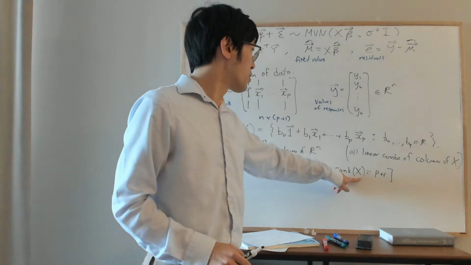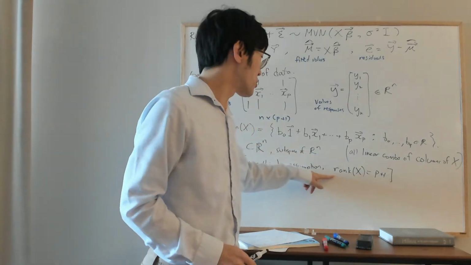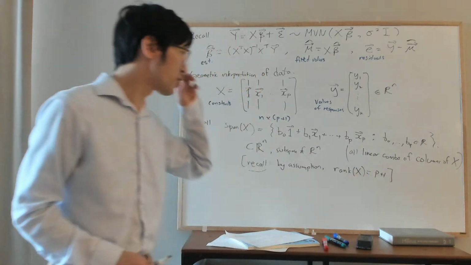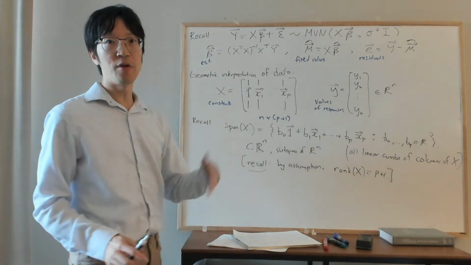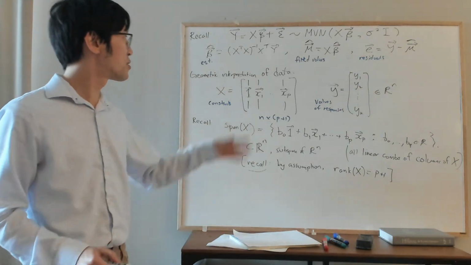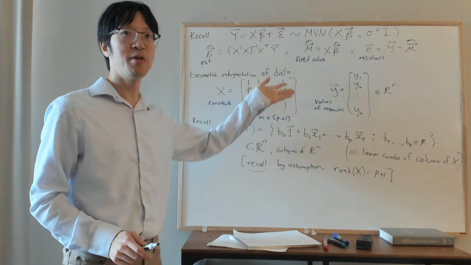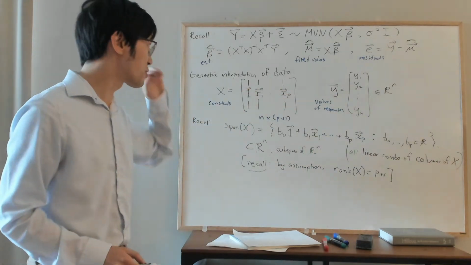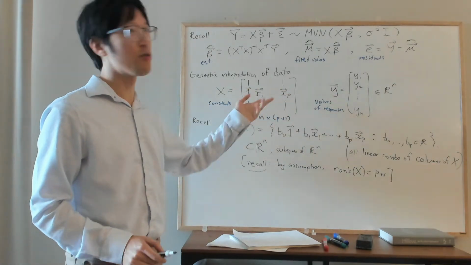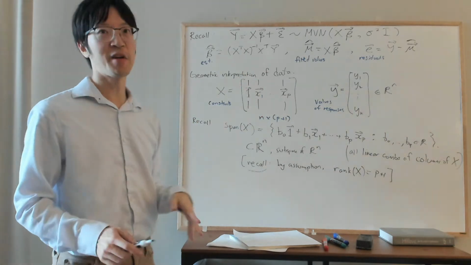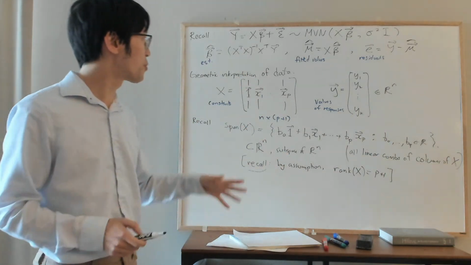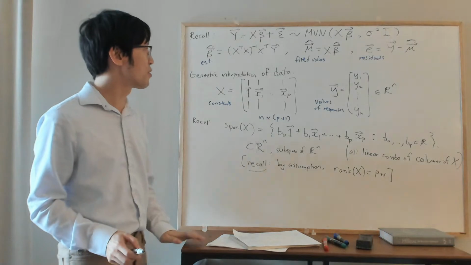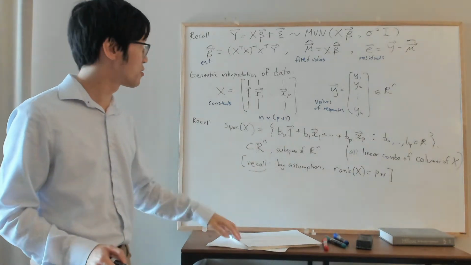So why can we always assume that we have a full rank matrix? Well, if X is not full rank, it means at least one column is linearly dependent on the others. For example, you could write X_p as X1 plus X2, which would be an example of a linearly dependent variable.